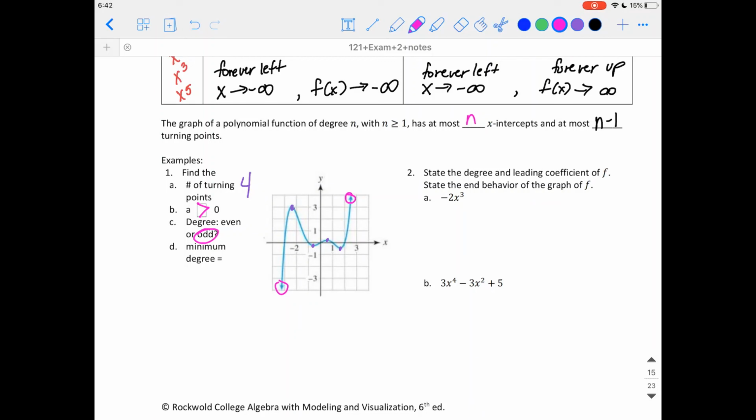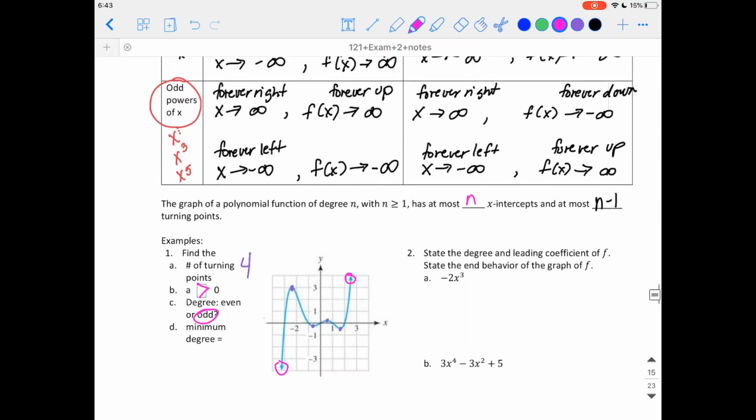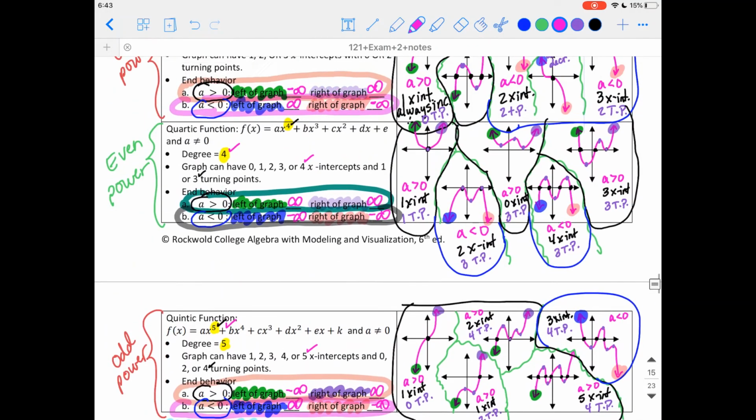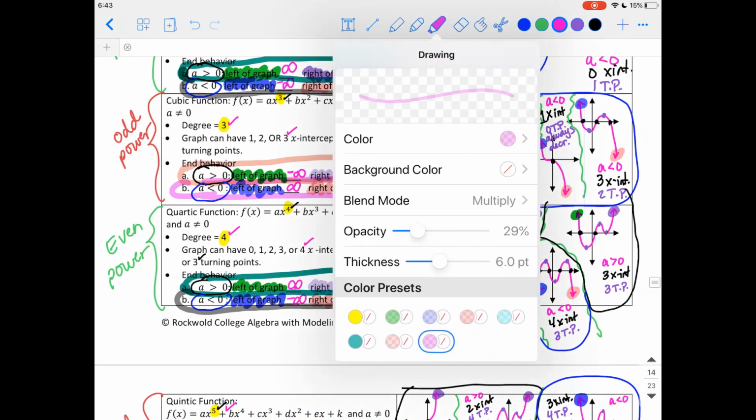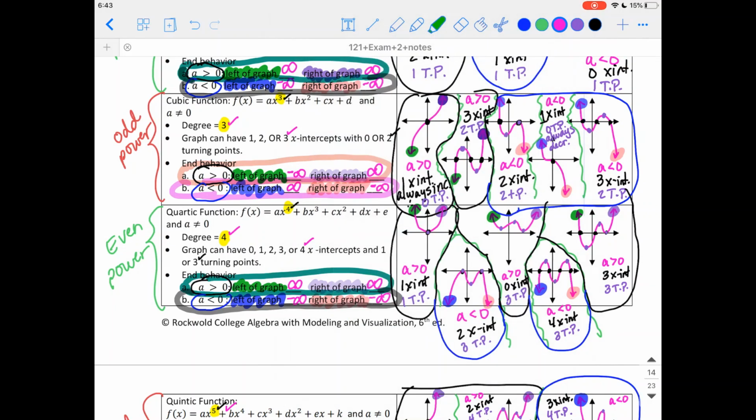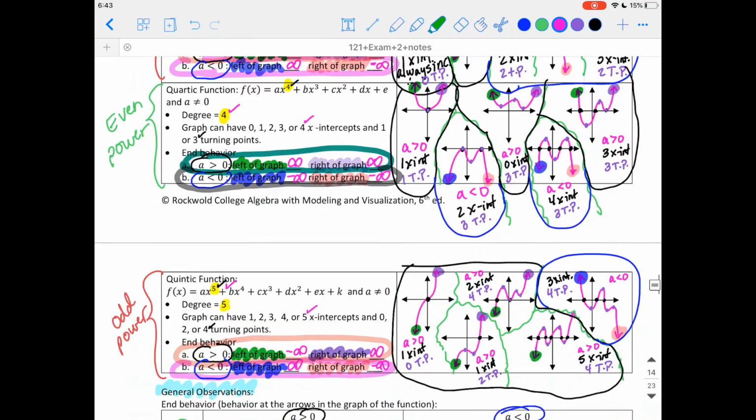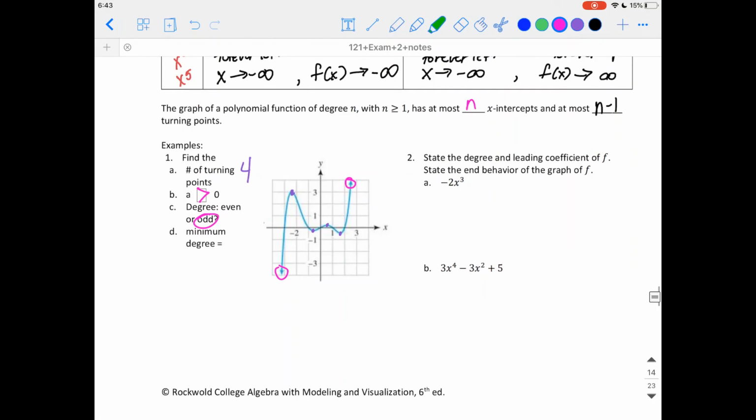Now, the minimum degree is the lowest degree that it can be. So on this one, it can't be a cubic, because a cubic can have at the most 2 turning points, and this one has 4 turning points.